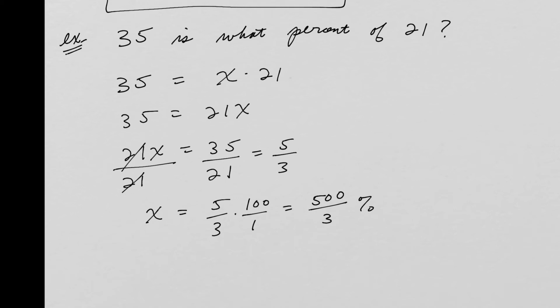We could divide, right? So 500 divided by 3. What's that going to be? 1. Then 3 into 20 is 6. Subtract, bring down the 0. 3 into 20 is 6 again. And my remainder is going to be 2, right? So another way of writing this is it's 166 and 2/3%.